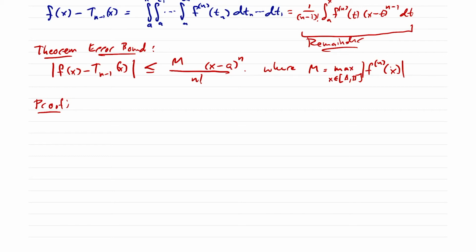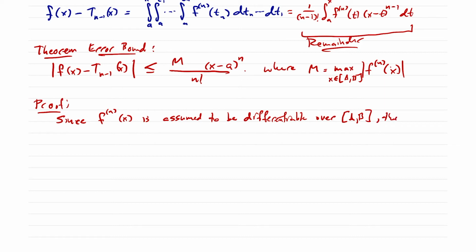Basically, if f is n times continuously differentiable, since the nth derivative of f is assumed to be continuous over AB, the extreme value theorem guarantees the existence of the bound.